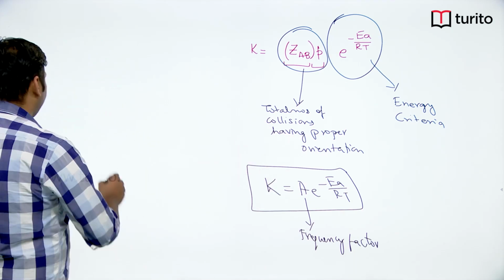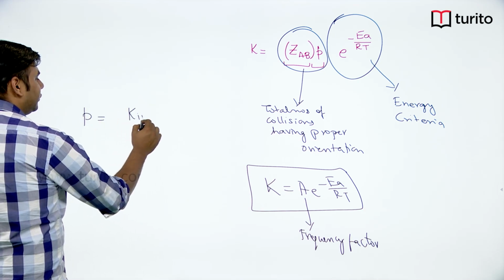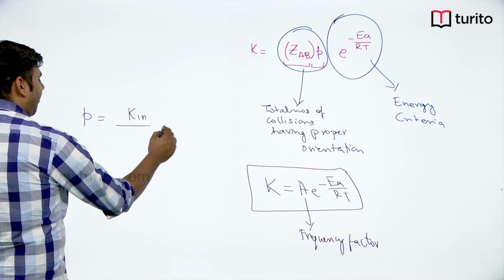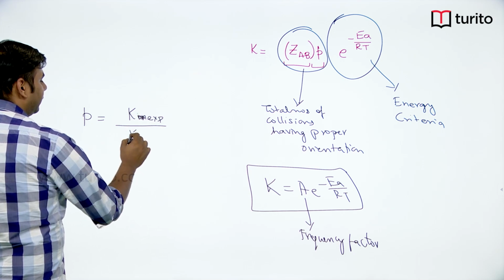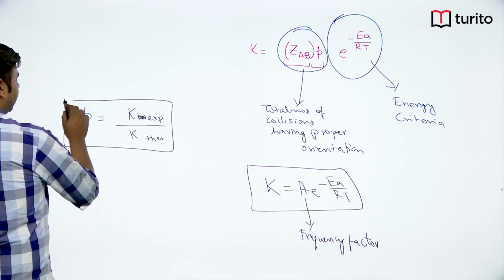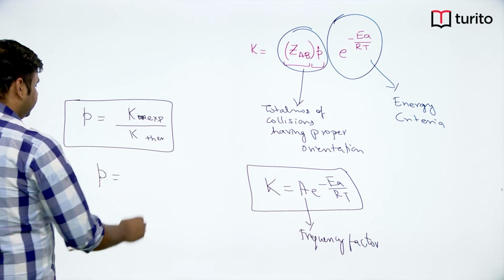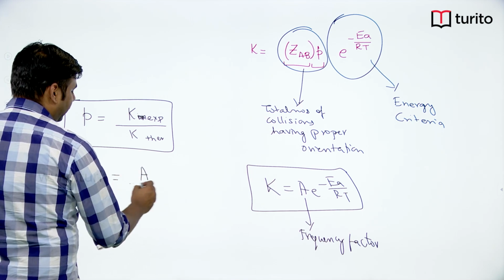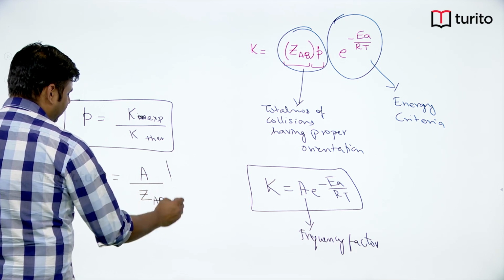Basically P is known as the steric factor, and it is the ratio of the rate constant K experimentally upon K predicted theoretically. Also, we can write P as the Arrhenius constant upon the frequency factor, or the collision frequency.